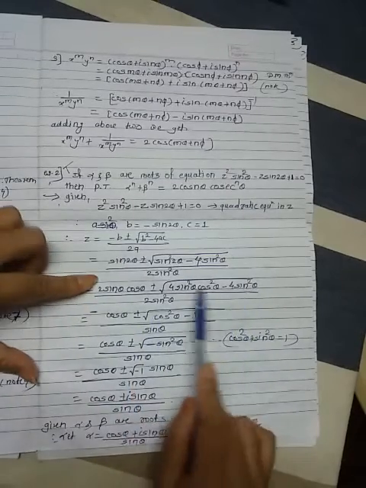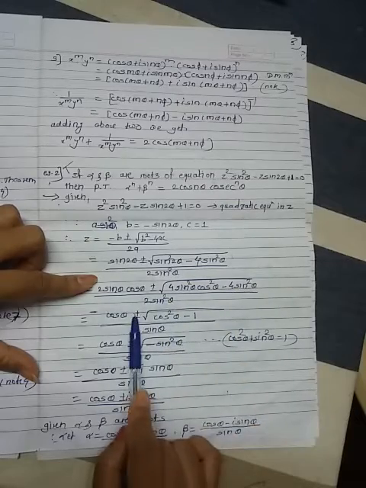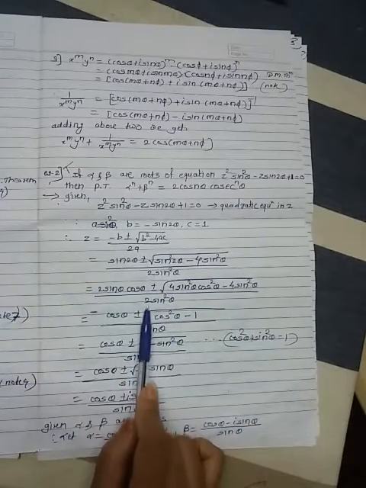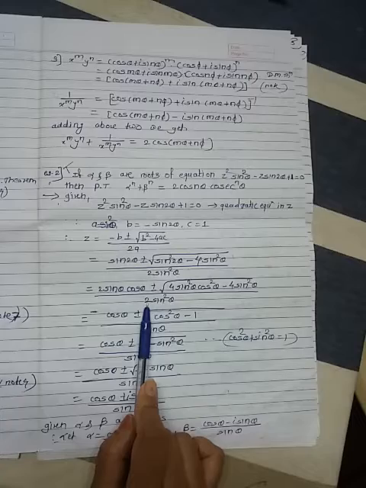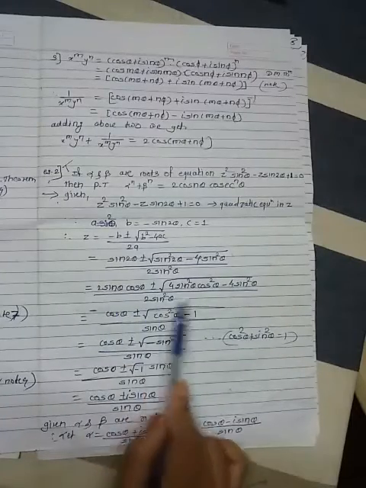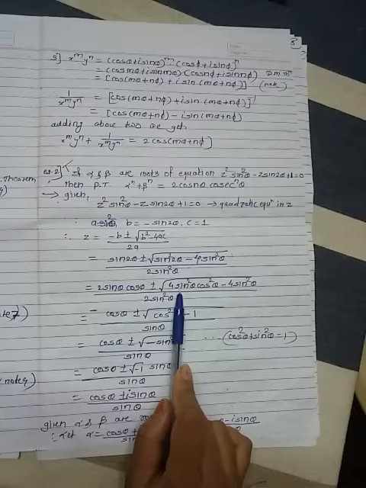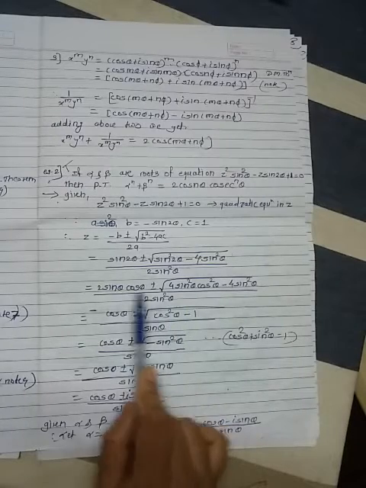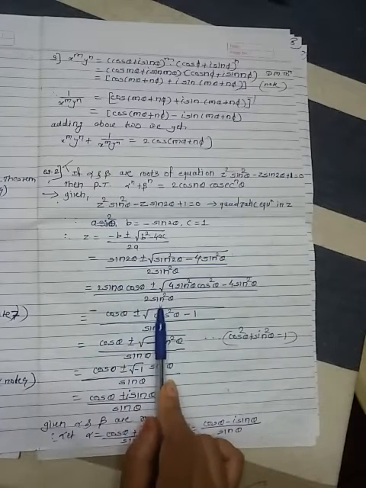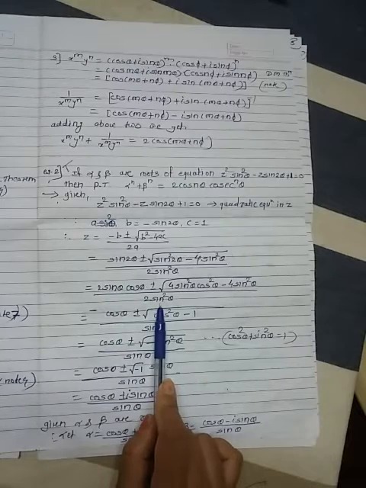Now take the square root of 4, we get 2; take 2 common from the numerator and cancel with this denominator 2. Here one sine also gets cancelled, here sin square comes out of the root, we get sin theta common from the numerator and cancel with this one sin theta in the denominator.